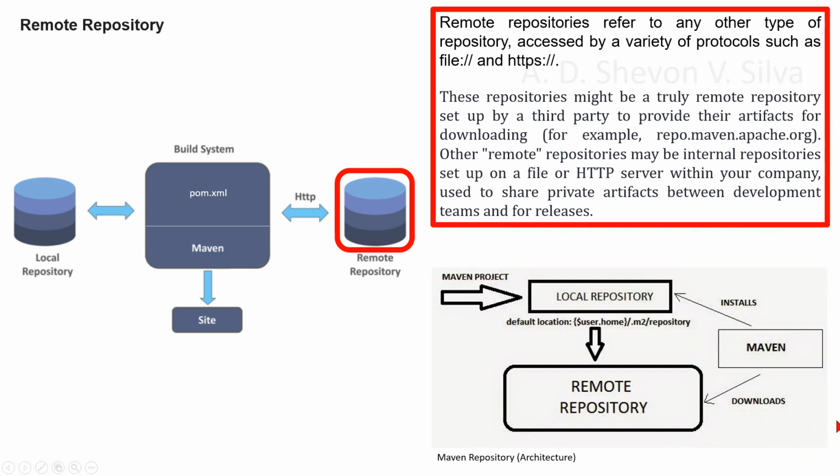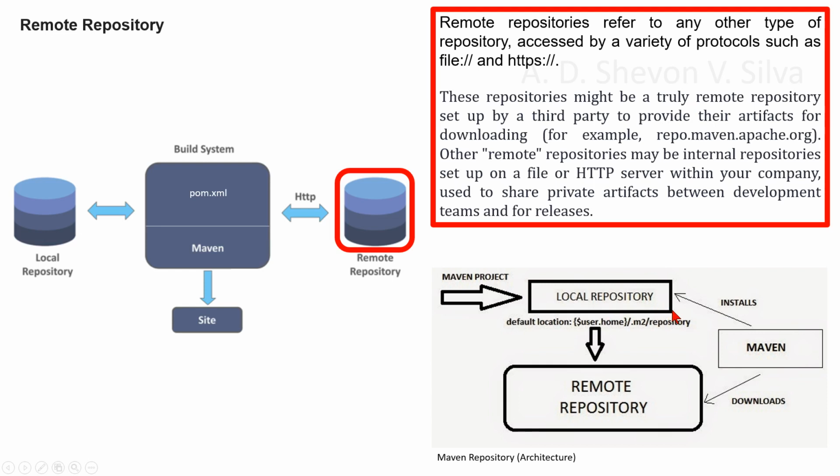Maven follows a two repository model wherein it maintains a local repository which is created when you execute the first Maven command. It downloads the dependencies from the remote repository into this local repository and then builds projects.